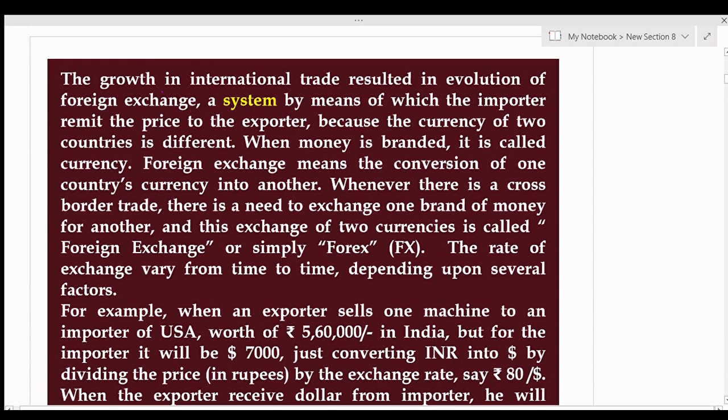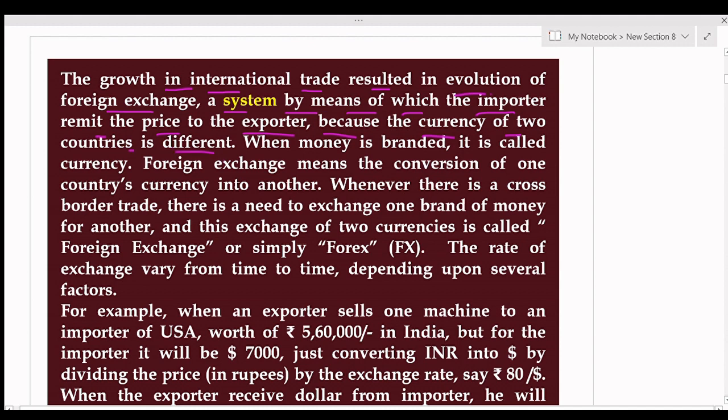The growth in international trade resulted in the evolution of foreign exchange. That is a system by means of which the importer remits the price to the exporter, because the currency of two countries is different.